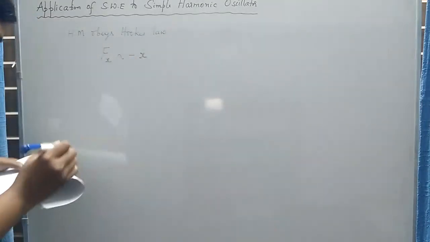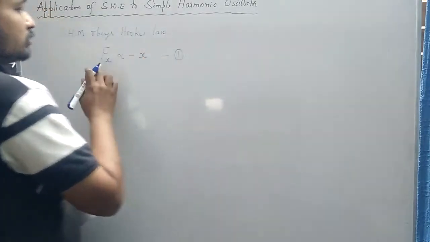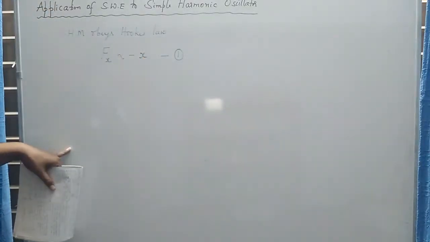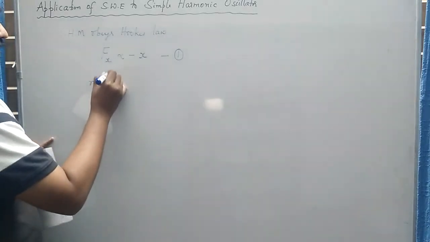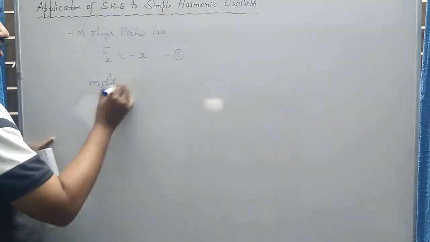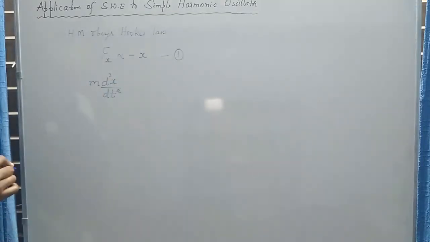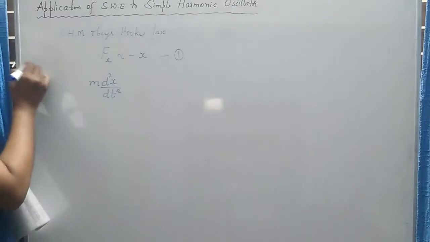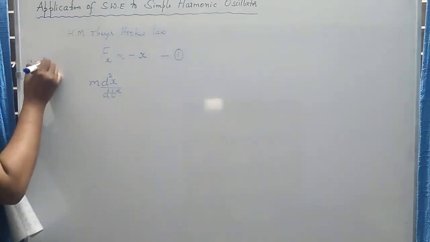Taking this as equation 1, force is nothing but mass into acceleration. Mass into acceleration is the double differentiation of the displacement with respect to time. If x is the displacement and t is the time, velocity is dx by dt.